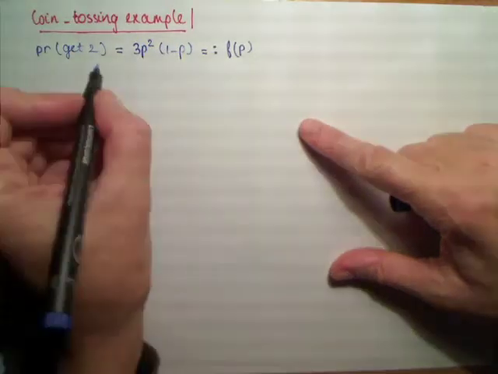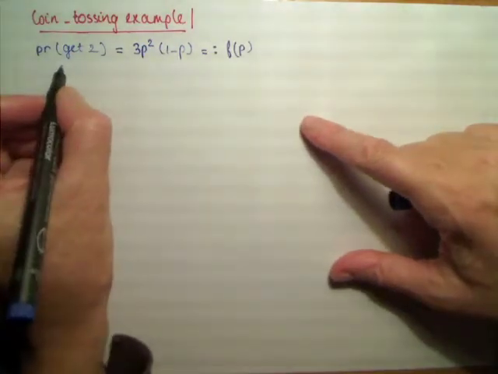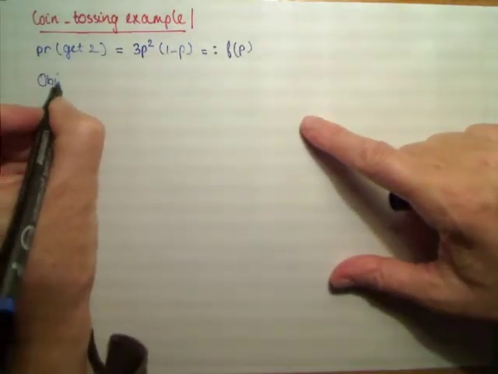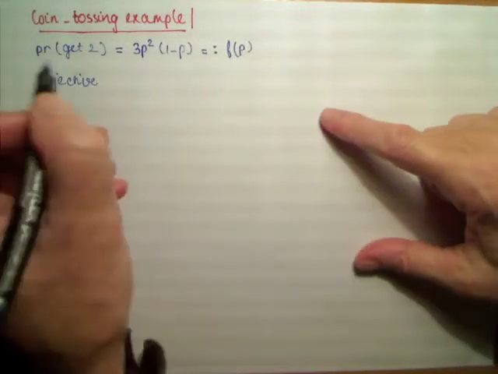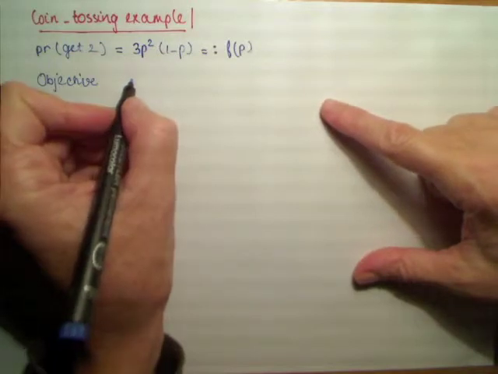And what we wanted to do is find the value of p for which this function is maximized on the interval 0, 1.